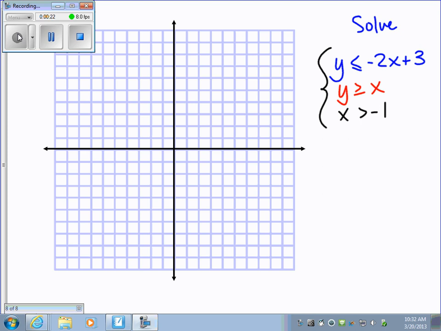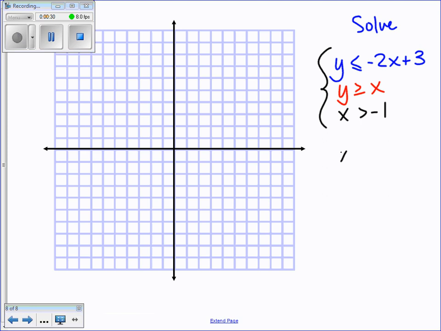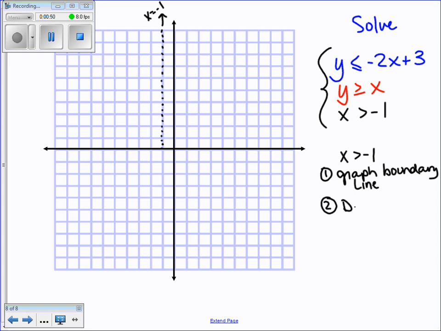What I would recommend for solving this system is to use a graph because there's a lot going on here. First of all, if x is greater than negative 1, here's x equals negative 1. I call that a boundary line. So the first thing I do is graph the boundary line, and then I decide which side gets shaded.